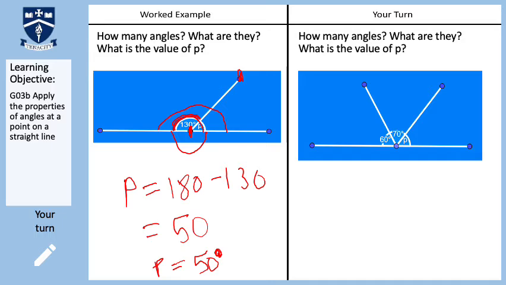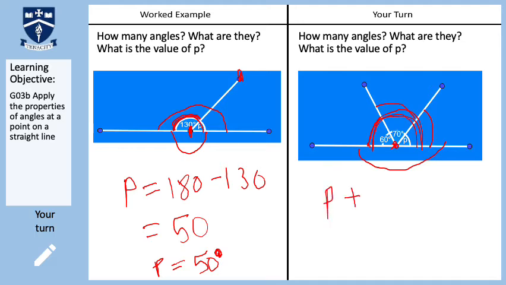Let's have a look at this question. How many angles are there? So there's one angle there, one angle there, one angle there, and technically one at the bottom. And what are they? So I've just identified them. What is the value of P? This time we know that this entire thing at the top, so the angle at that one point, is 180 degrees.